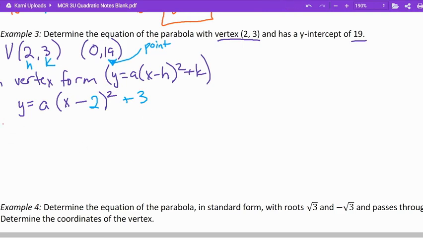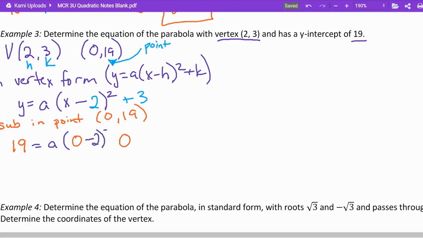Because now, when I sub in a point, I have all the information I need to find A. That 0 should not have been there.